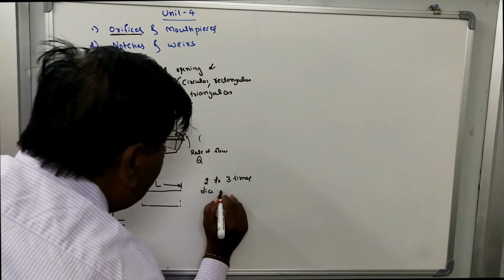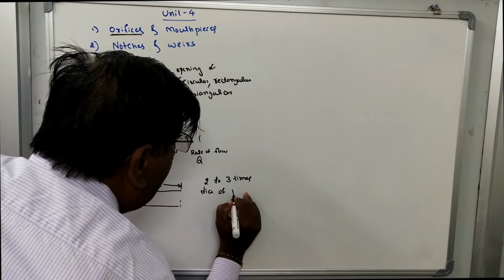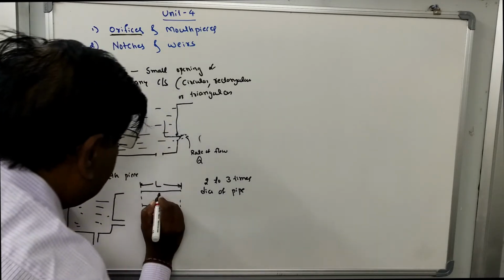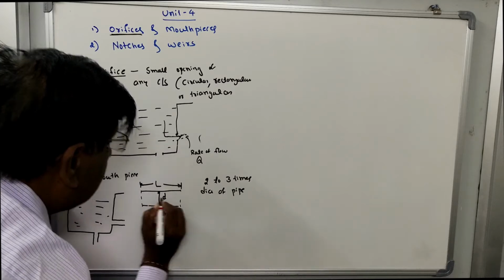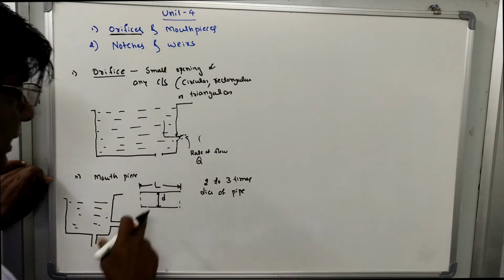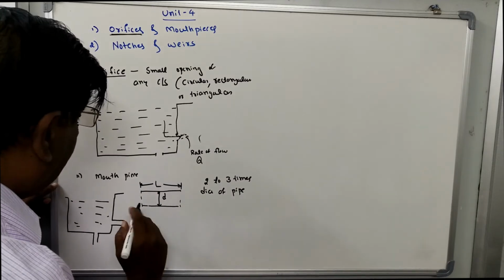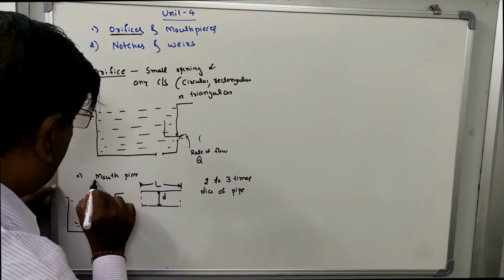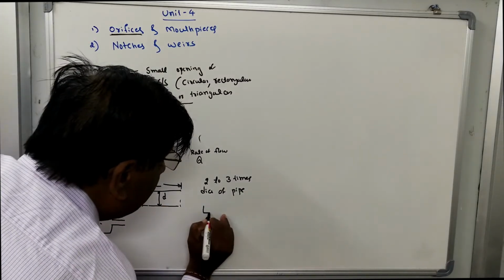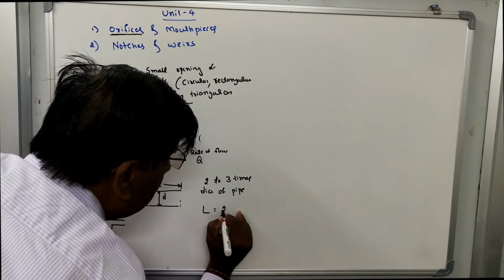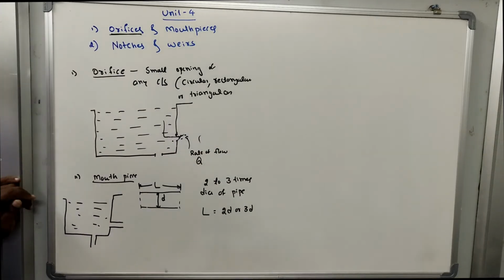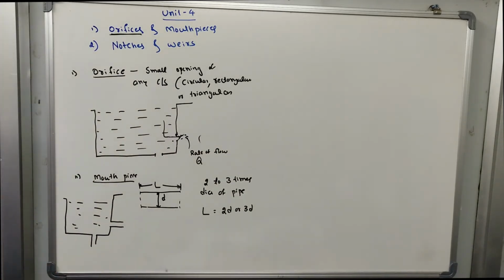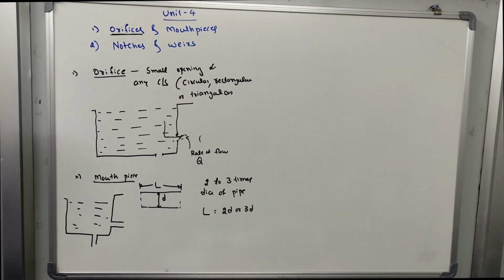Okay, if the diameter of this pipe is D, then the length of mouthpiece L is equal to 2D or 3D. 2 times the diameter of pipe or 3 times the diameter of pipe.